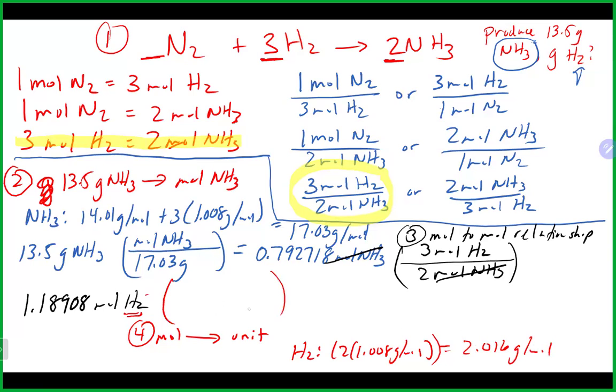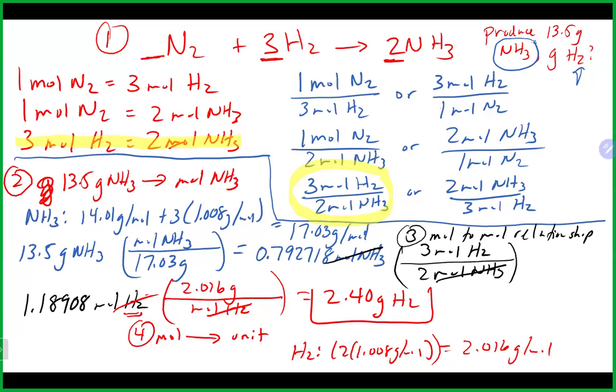And lastly, here we'll do the fourth step, putting our grams up on top since that is where we want to end with it. And that will get us something like 2.40 grams of H2 in this particular case.